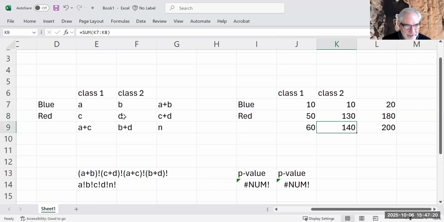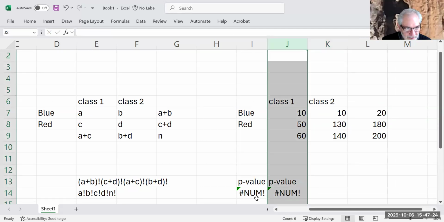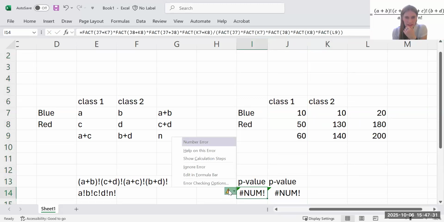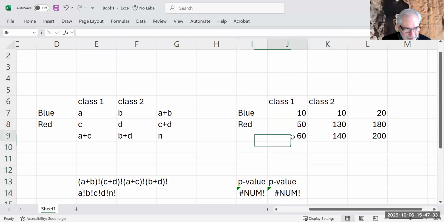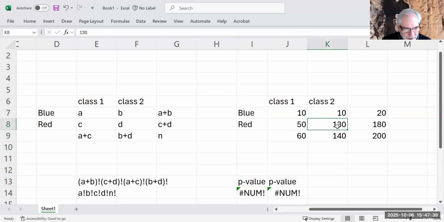Oh, what happened? Not even a number? Oops. What happened here? What does it say? Number error. Really? Bizarre. 180, 200? What is going on? Why? It was 1.